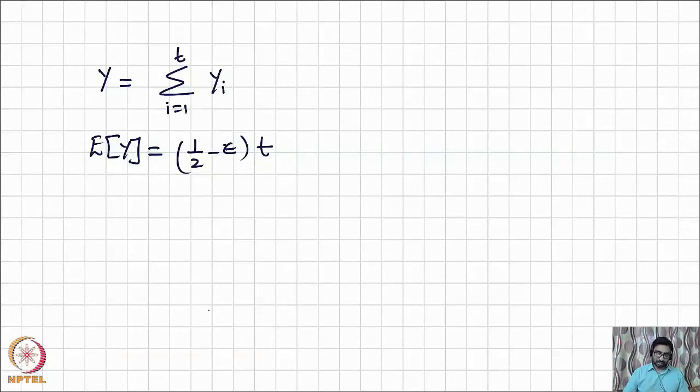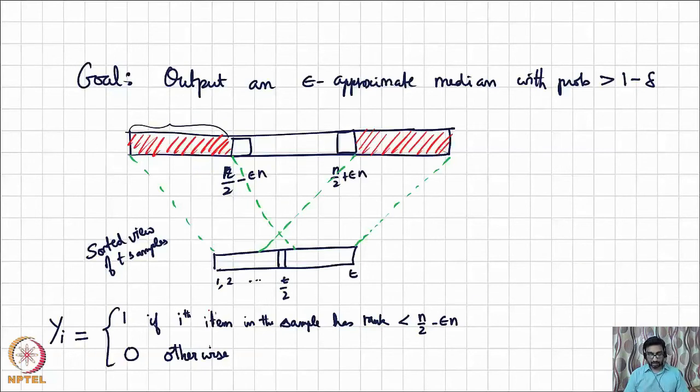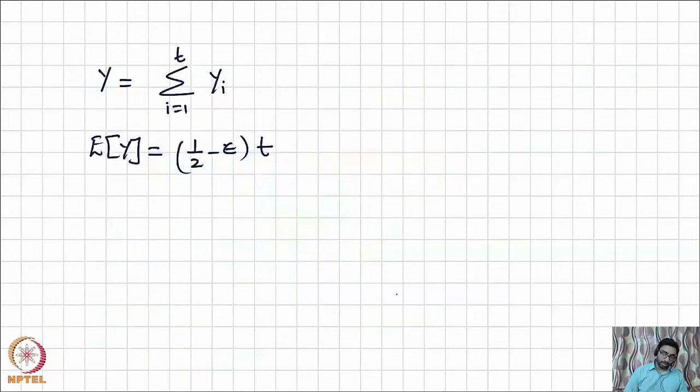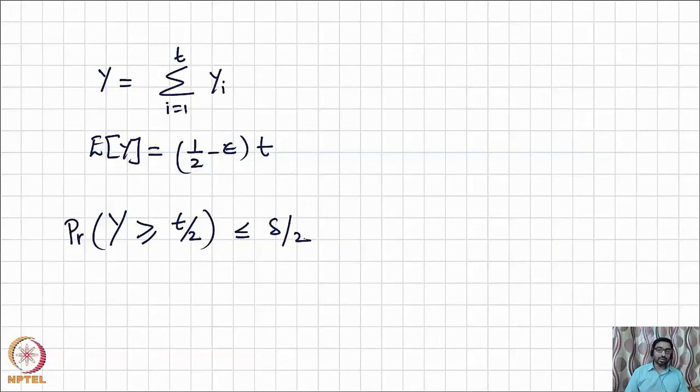Our bad event, the event that T by 2 or more items in the sample are coming from this red range in the left, can be captured simply as the event Y is greater than or equal to T by 2. And of course, we want the probability of this event to be small. In particular, we want this probability to be no more than delta by 2.